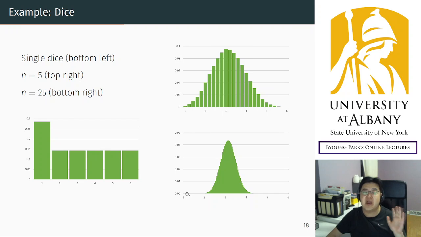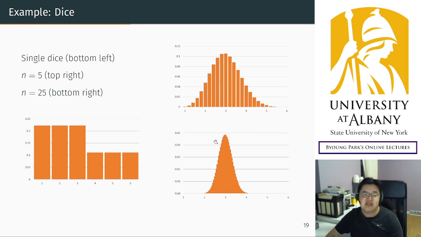The pattern is pretty similar. Now, I consider another strange dice in which the lower outcomes 1, 2, 3 are twice as likely to happen as the larger numbers 4, 5, 6. The probability is doubled for 1 to 3 compared with 4, 5, 6. This is, of course, another strange, unfair dice.